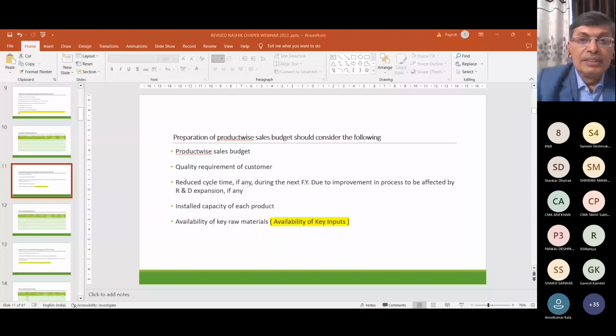A point to be considered for arriving at the electricity consumption is whether any energy efficiency or energy saving measures are going to be implemented during the budget period, which technical people or the energy cell can very well say. And if it has an impact on the per unit consumption of electricity for the finished product, that needs to be factored in.